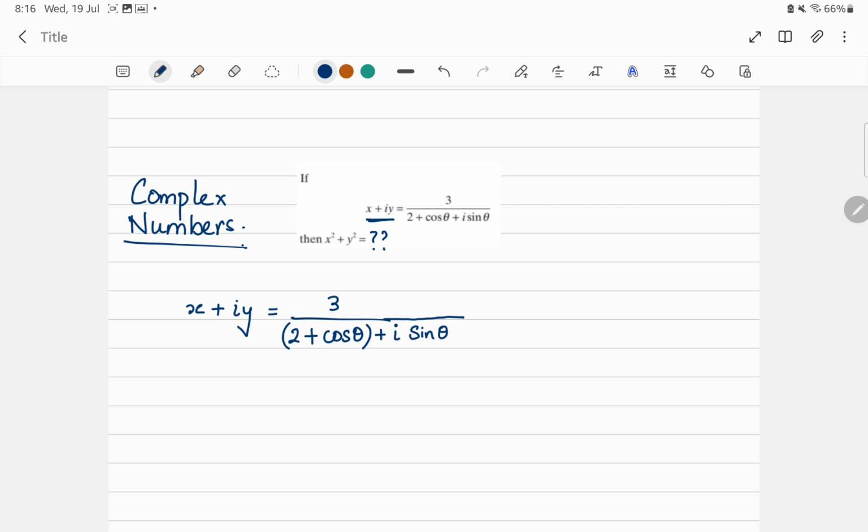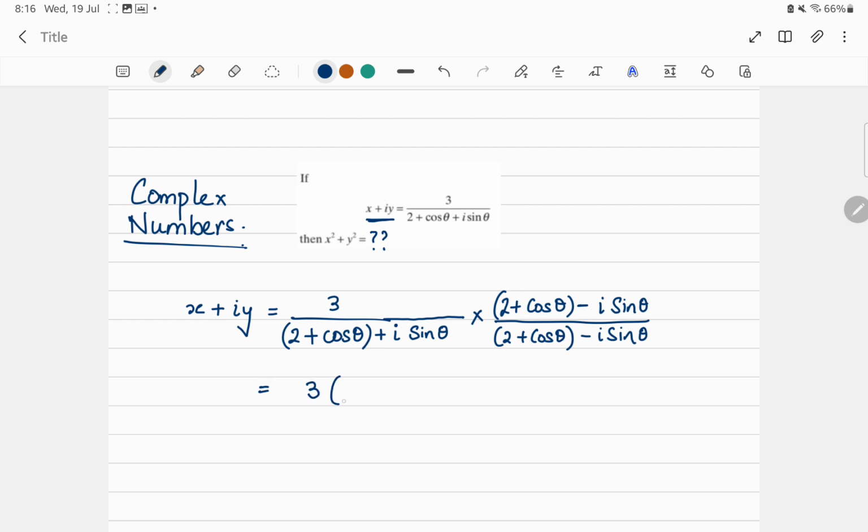All right, so first we will have to multiply and divide with the conjugate to rationalize the denominator. So that's going to be 2 + cos θ − i sin θ, and we'll divide it with the same thing. All right, so once we have done that, now let's see what we get.